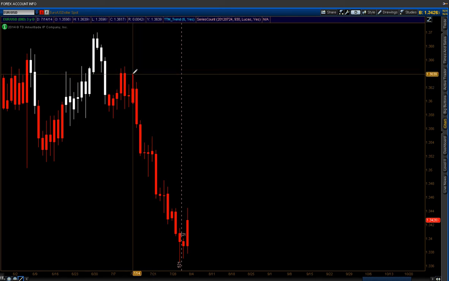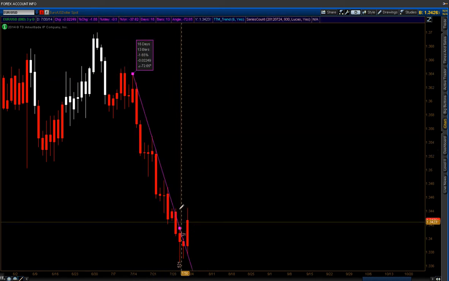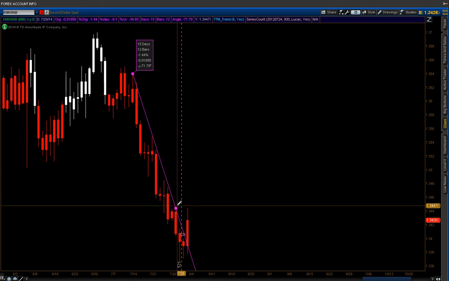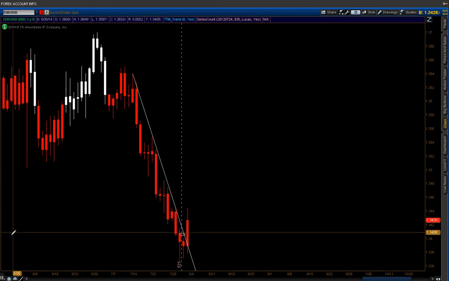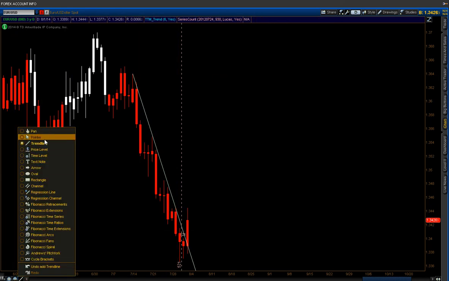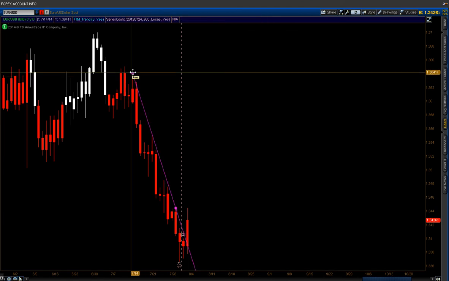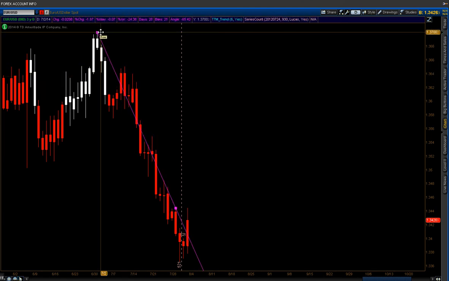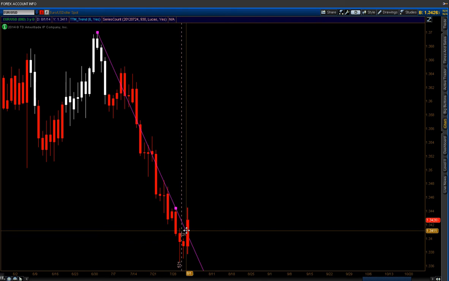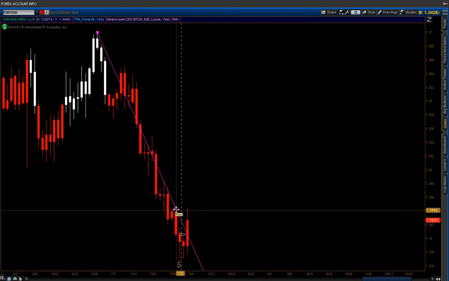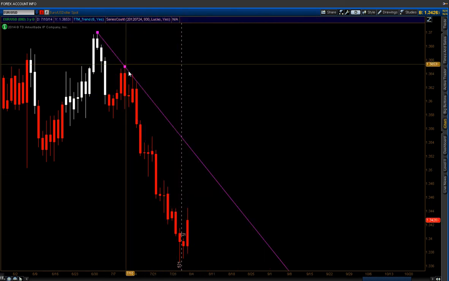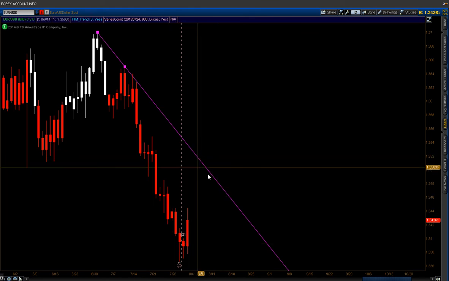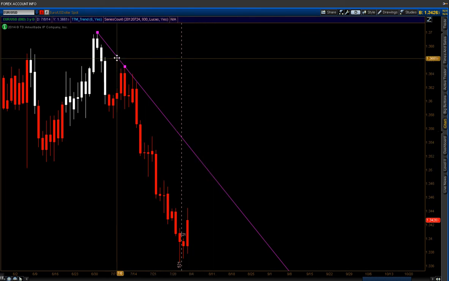Do a trend line from here. You can see that it already broke. Price just went above it and pushed higher. It still broke right through it. Could be a possible target there, but we'll see.